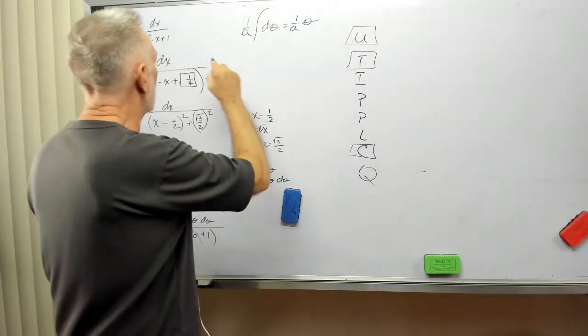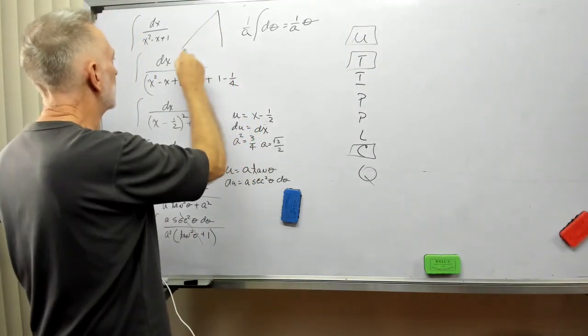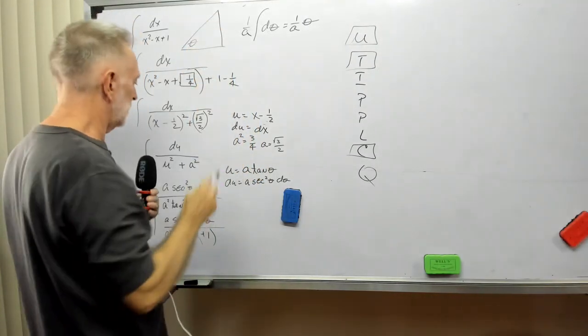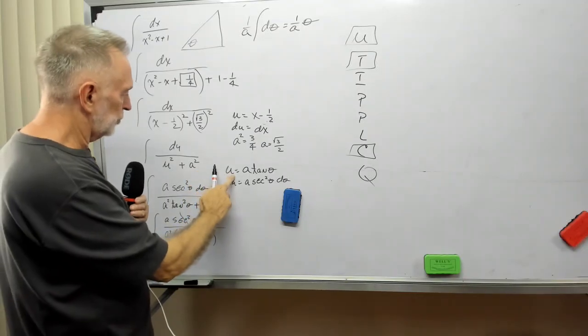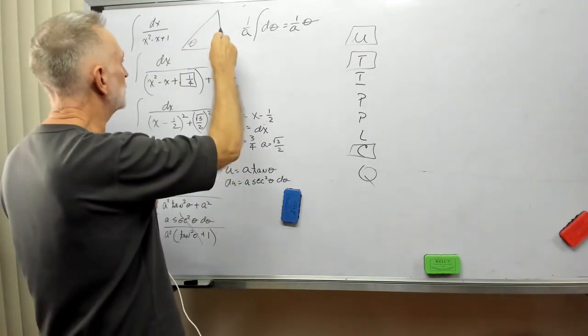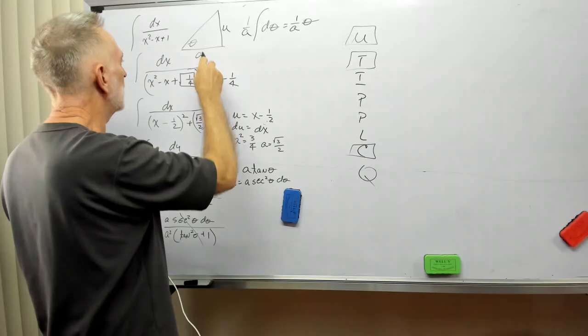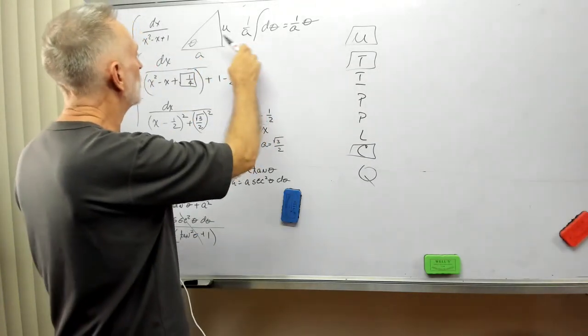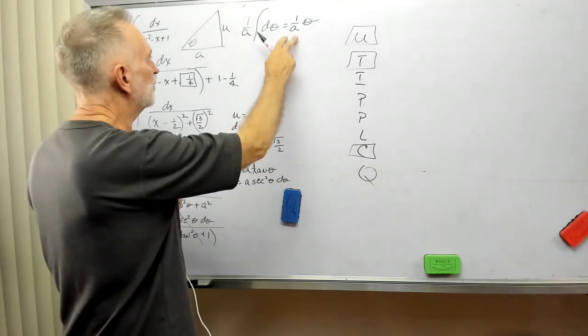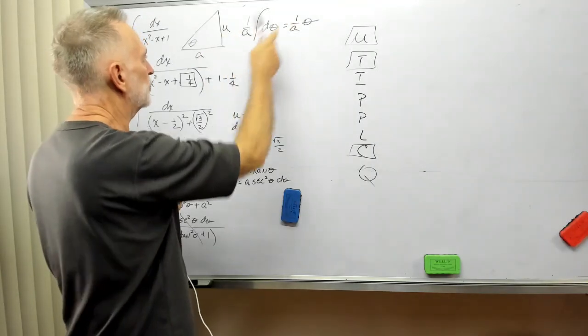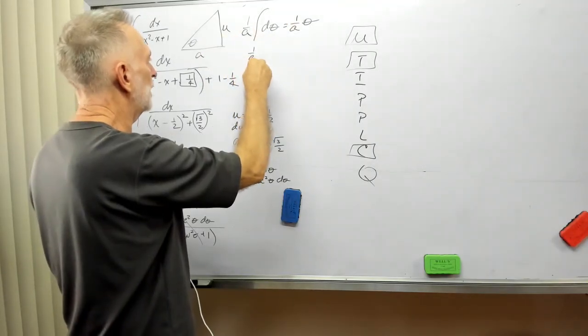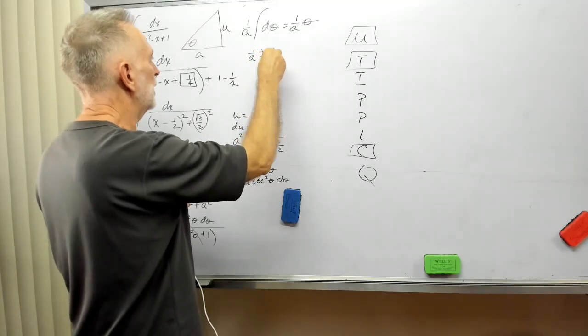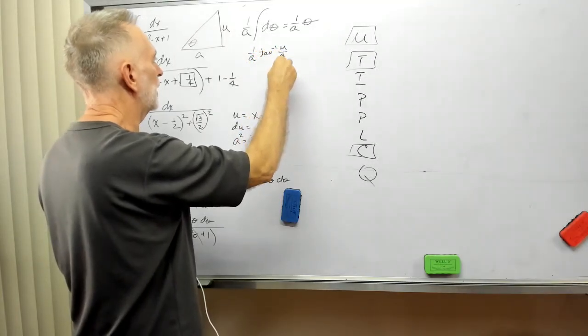Okay, what does my triangle look like here? I have theta, and we said that u over a equals tangent theta. So tangent inverse u over a is theta. So I have 1 over a tangent inverse u over a.